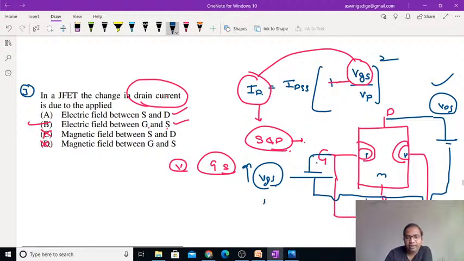The gate to source voltage at which the drain current becomes 0 is called VGS off. So it mostly depends on the gate and source. So the correct option is B.